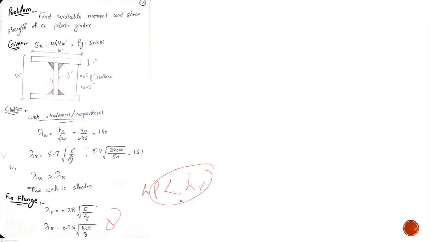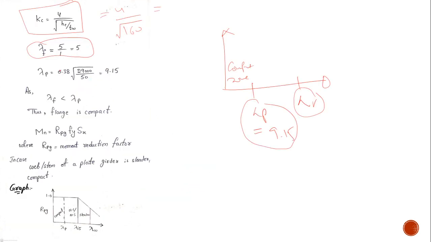You can compare these two values and you will always find that lambda p is less than lambda r. So I computed lambda p and found that I am in the compact zone because my lambda f is less than lambda p. This is 5 and this is 9.15; 5 is always lesser than 9.15.